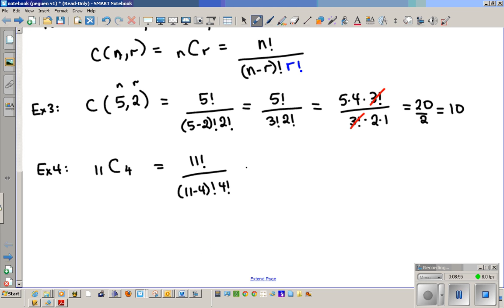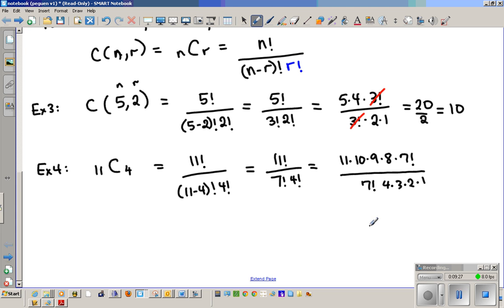So this one becomes 11 factorial over 7 factorial times 4 factorial. I'll break down 11 all the way to 7 and then break down 4. So it's going to be 11 times 10 times 9 times 8 times 7 factorial, stop, divided by 7 factorial. I'm going to keep this one to cancel and break this down: 4, 3, 2, 1.